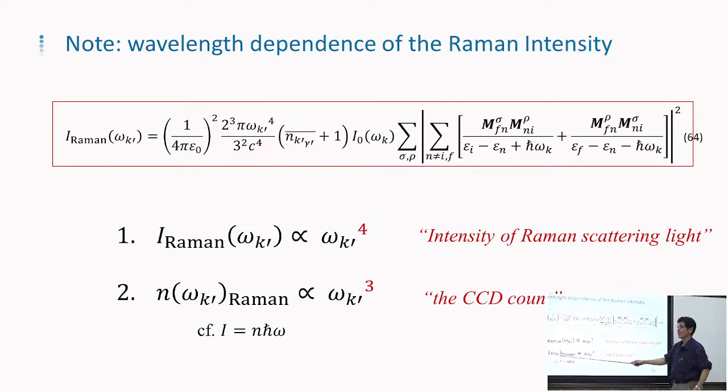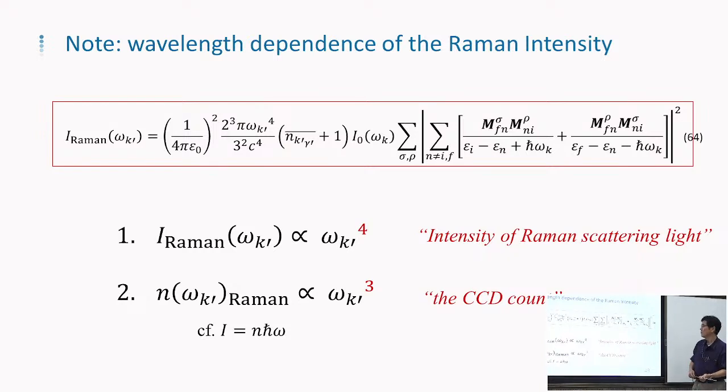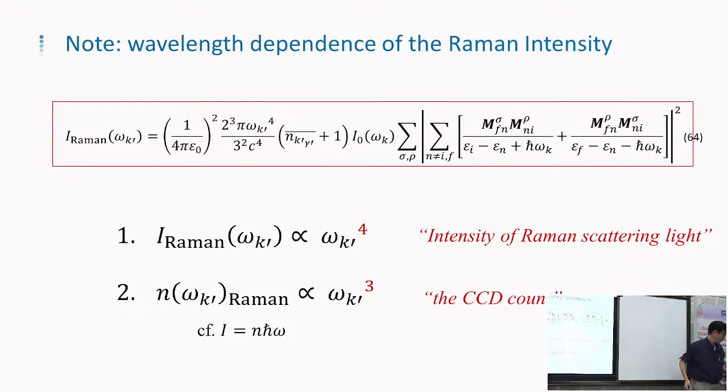Intensity has fourth power dependence, but considering this relationship, the number of photons in the Raman scattering becomes cubic dependence. Okay, intensity and number of photons are different, so please consider this relationship.